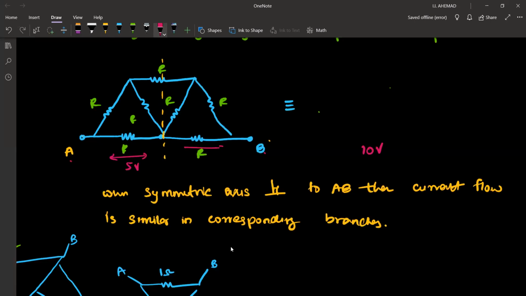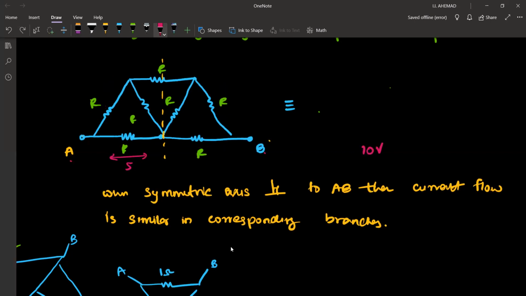And here also you will have a drop of 5 volt because it is similar, right? So the drop also has to be similar. Let's say the drop here is 3 volts. Then this side is also just the same, right? It is looking the same. Therefore, here also it will be 3 volts. Then the current in this branch and this branch is similar. Got it?